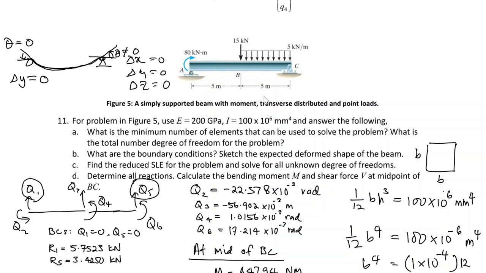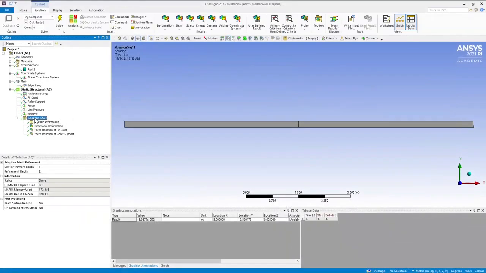Compare that to our solution Q3, minus 56.902. Very close. So for the deflection, I know how to find it. But for Q2, Q4, and Q6, which are the rotation in radian, unfortunately I do not know how to extract the information, because in our solution there's no selection there.